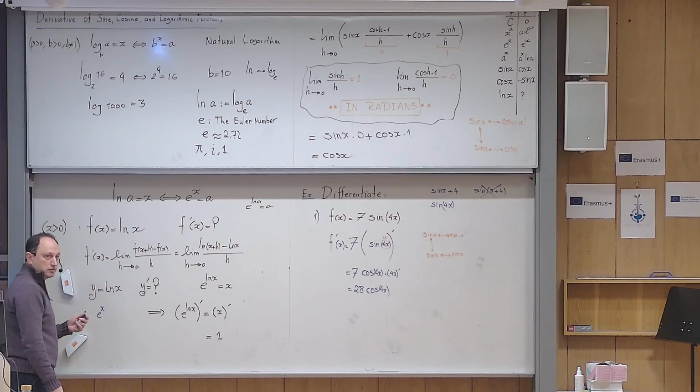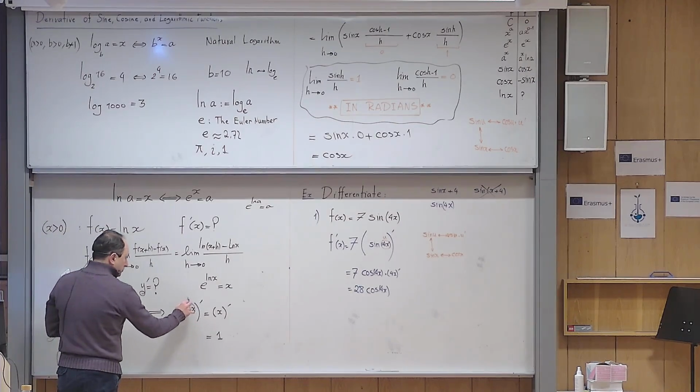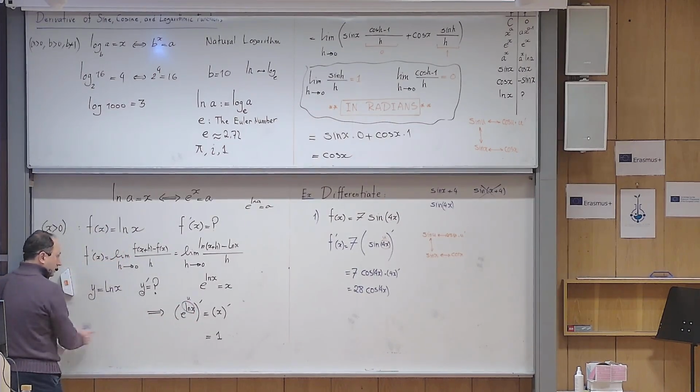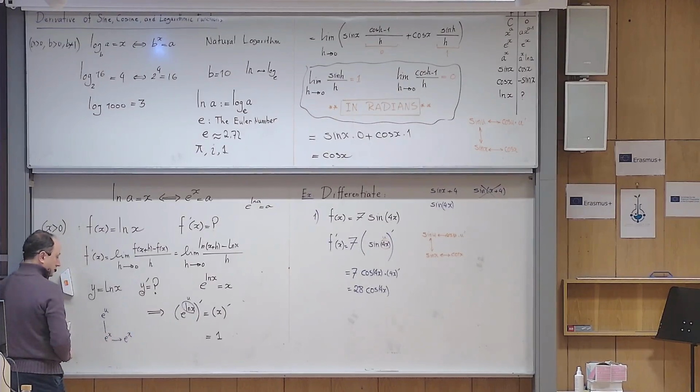What should I take to be u? Yes, ln of x. So I will take this one to be u. Is it a good choice? Yes. Why? Because if I take that one to be u, then I will have e to the power u. This is comparable to e to the power x. Do I know the answer for e to the power x? Yes, it is the function itself. So what happens for e to the power u?